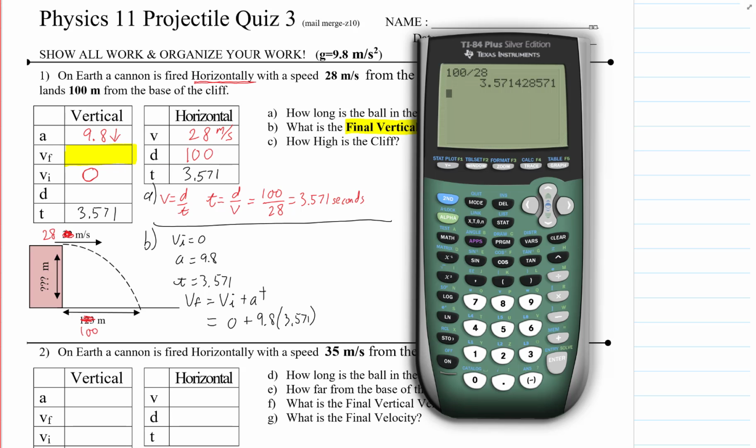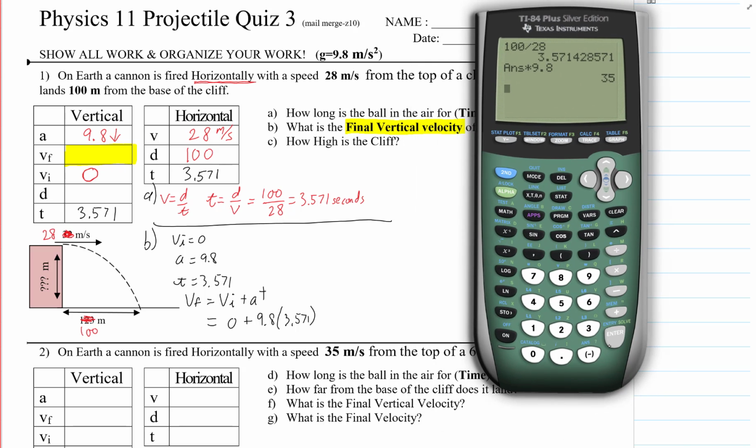So the number that's on our calculator, multiply that by 9.8, and we get 35. So the final velocity here is 35 meters per second. Okay? And that's the answer for B.